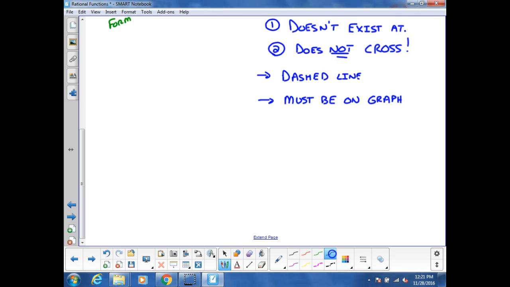And the last thing, by the way, if you hadn't noticed, I shortened vertical asymptote into VA. Okay? The VAs are found from the restrictions of the domain.